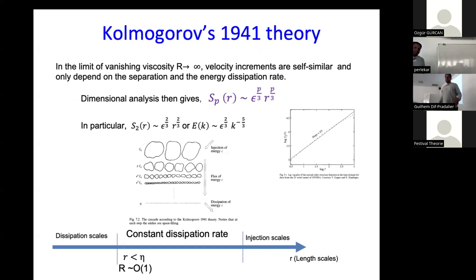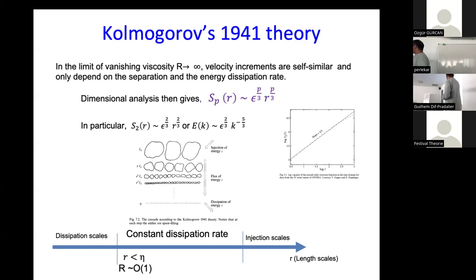The view is the following: you have a system in which you are applying forcing at some scale. Then somehow the energy gets transferred to smaller and smaller scales via nonlinear transfers. And eventually, at small enough scales, it gets dissipated by viscosity. That's the simple picture I have.